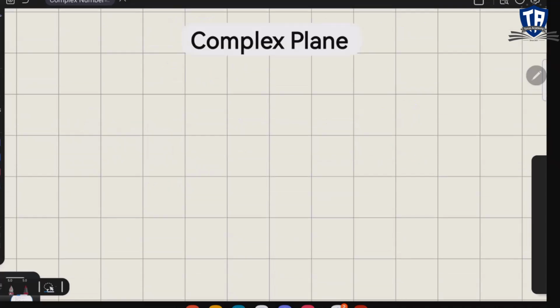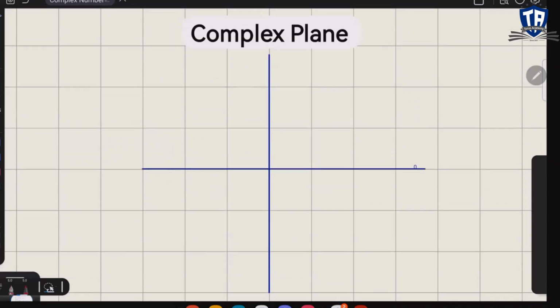Next is the complex plane. A complex number can be represented on the complex plane, where the horizontal axis, which we normally call the x-axis, represents the real part, and the vertical axis, which we call the y-axis, represents the imaginary part.